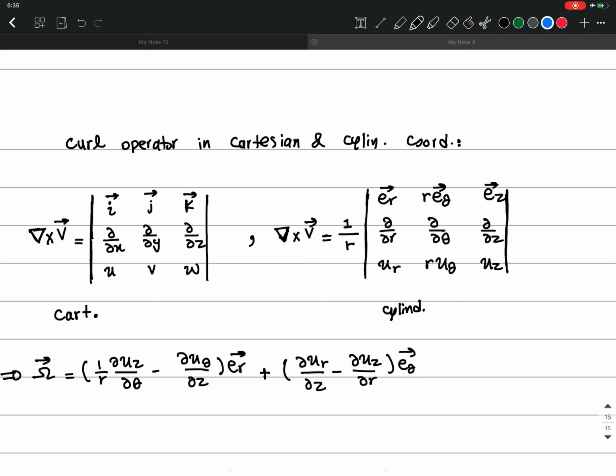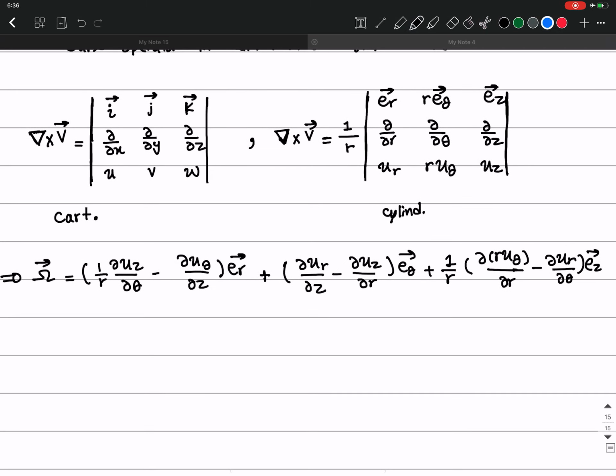And then the third component is going to be 1 over r times partial r u theta over partial r minus partial ur over partial theta, times ez. Okay? So this is going to be the vorticity vector in a cylindrical coordinate system.